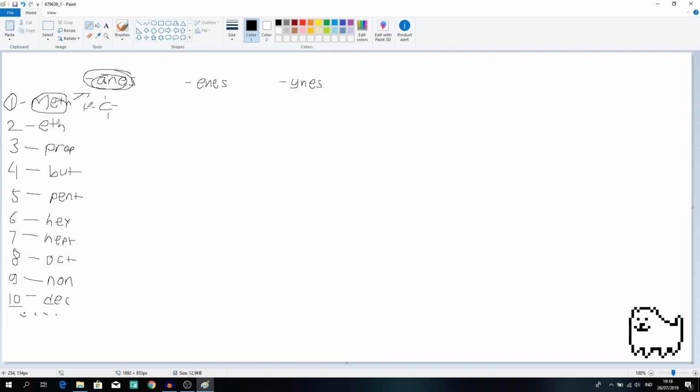Hydrogen should be here like this, and this is your methane molecule. So basically, it's really easy. You just have to remember all of this here, and you can start naming.